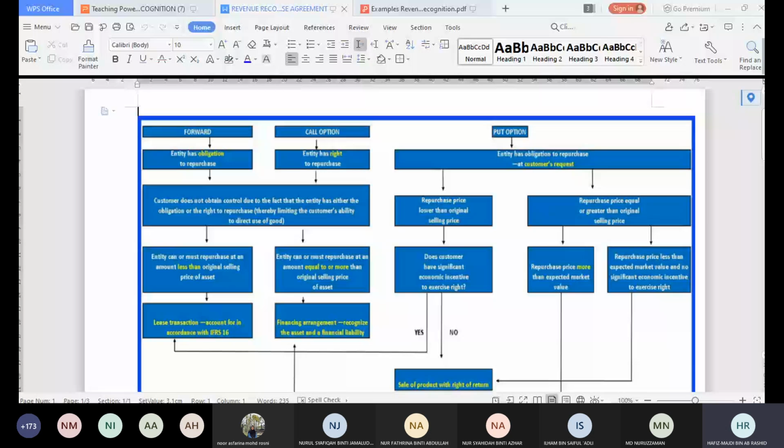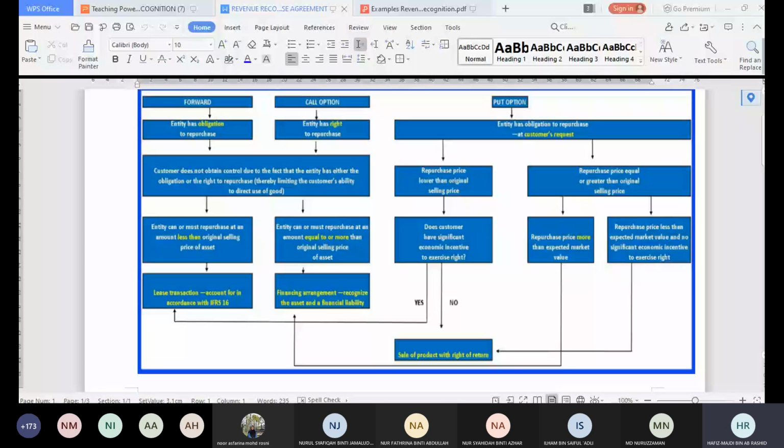So for example, in the exam, please write clearly because I might have problems reading very small letters. Repurchase can be, as stated in your notes, a forward, a call option, or a put option. The only difference between forward and call option as one group, and the put option, is who has the right.